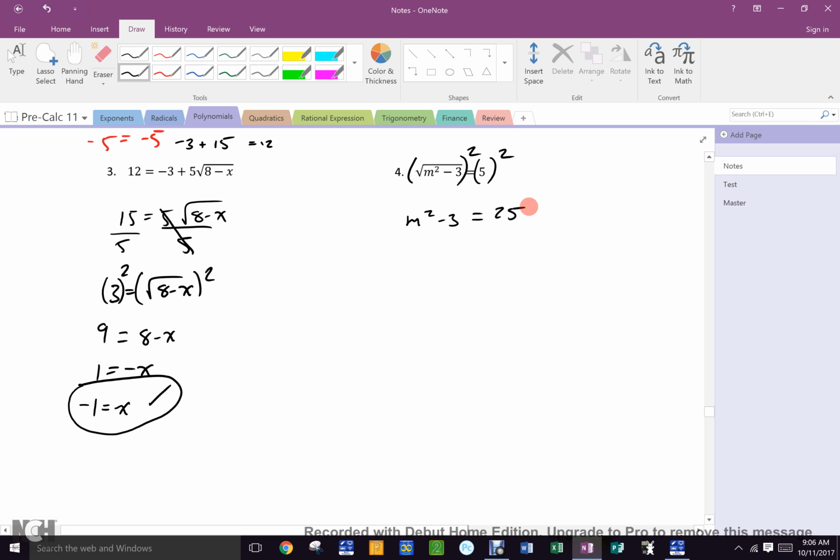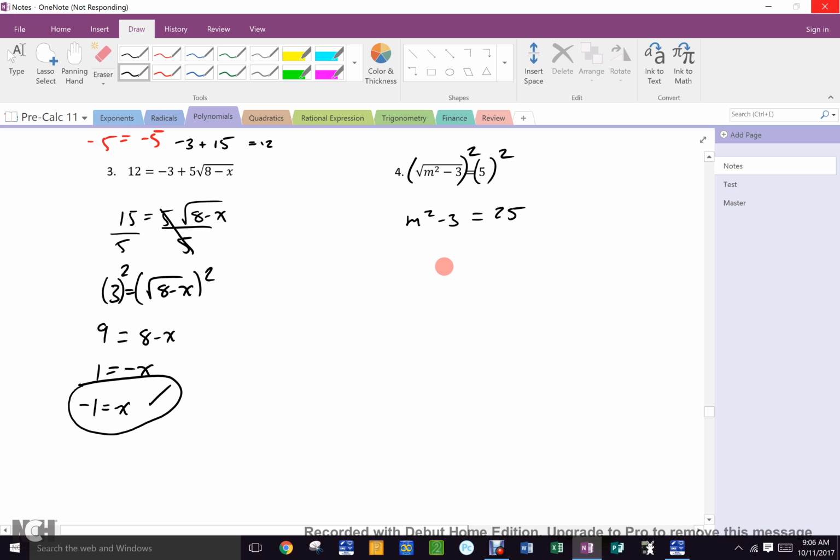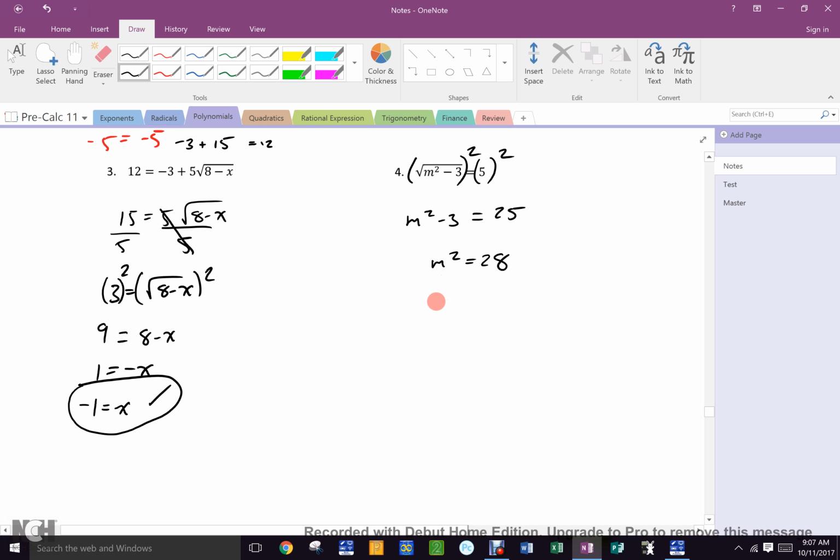Now what? Algebra. M squared equals what? 28. Last step. Square root. M equals square root of 28.